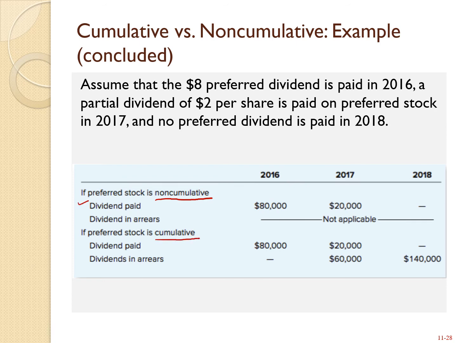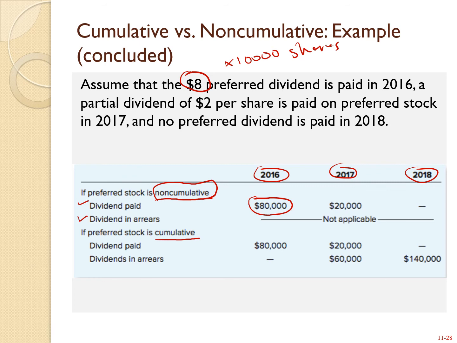Dividends paid in 3 years, and whether you have dividends in arrears or not. When you have a non-cumulative preferred stock, you don't even have dividends in arrears. So they simply paid $80,000 in 2016, and this value is basically the $8 multiplied by the 10,000 outstanding shares, and this was given in the previous slide.